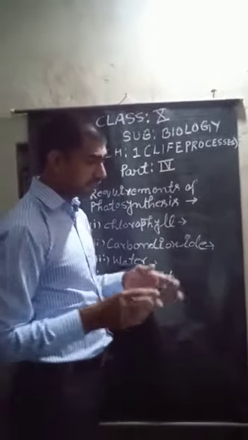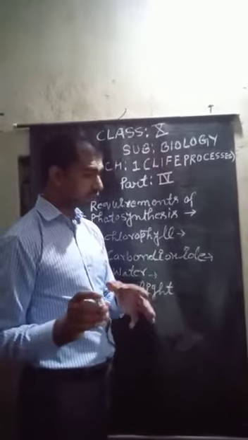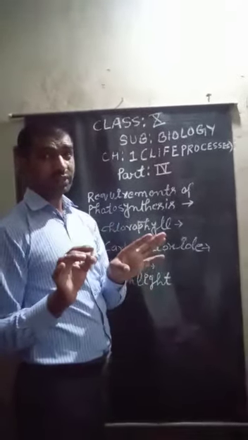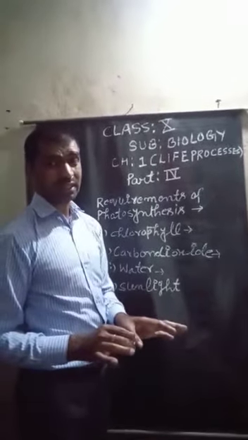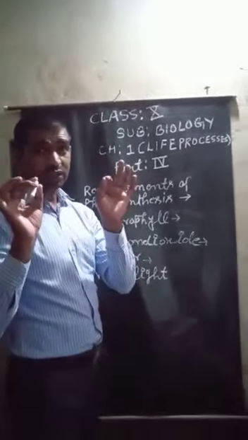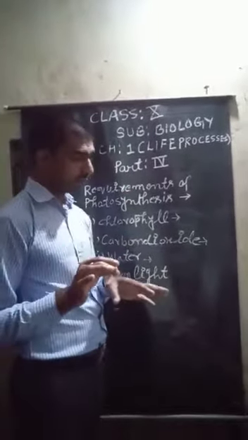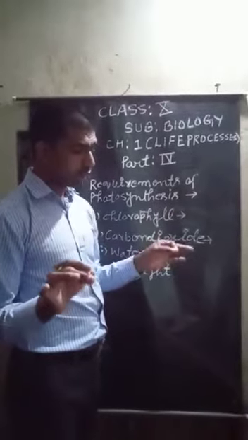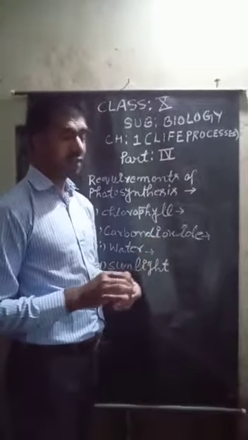In case of insufficient water, the rate of photosynthesis lowers down. If water is less absorbed in the plant body, the rate of photosynthesis will be reduced. This is because the stomatal pore gets closed to reduce water loss by transpiration.